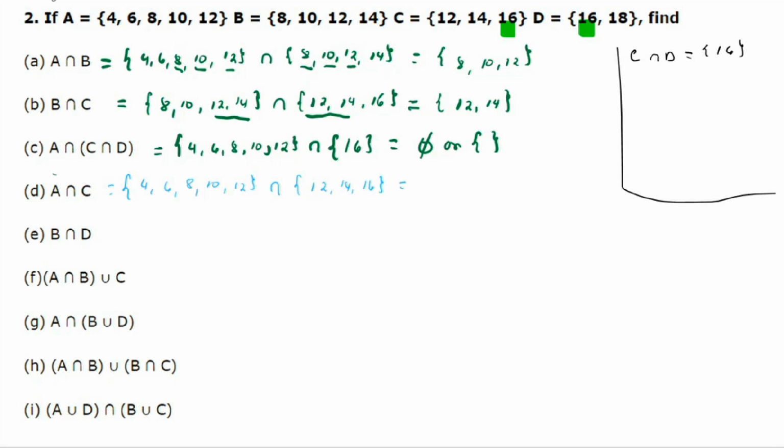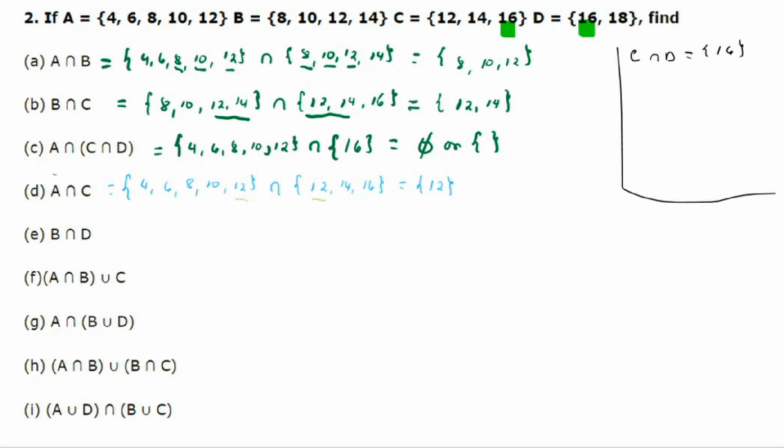What is common between the two? The only common element is 12. Therefore, the answer for A intersection C is just 12, but you should write it inside the symbol of a set.